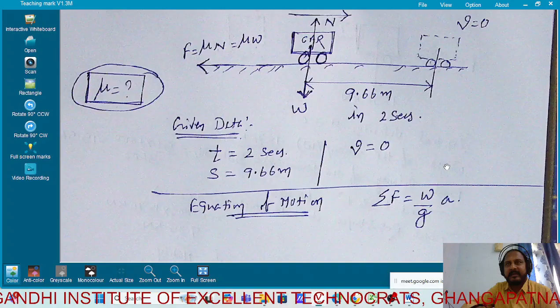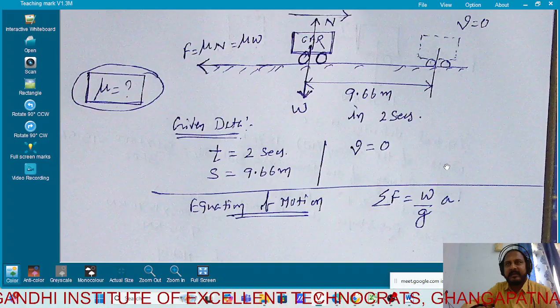Is this clear? Somebody said minus a. Why? How will it be minus a? You see here, no doubt this is retarding, and finally deceleration is taking place. The velocity is coming to zero or not?